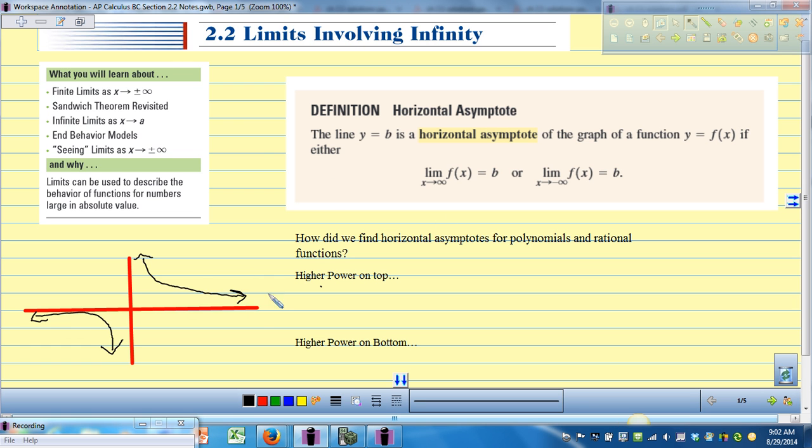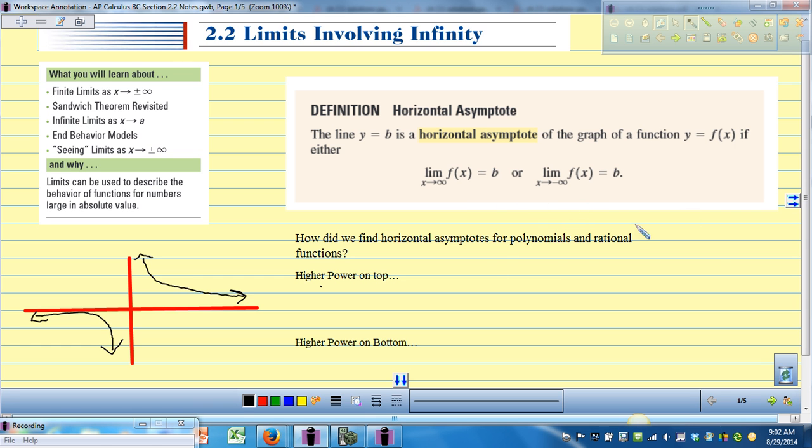I want to see if there's a horizontal asymptote. Is there one? What is it? Y equals 0. It is y equals 0. It is the x-axis, what this function is approaching but never touches in this case. And to figure that out, what we're really doing is the limit as x goes to positive infinity, and the limit as x goes to negative infinity.